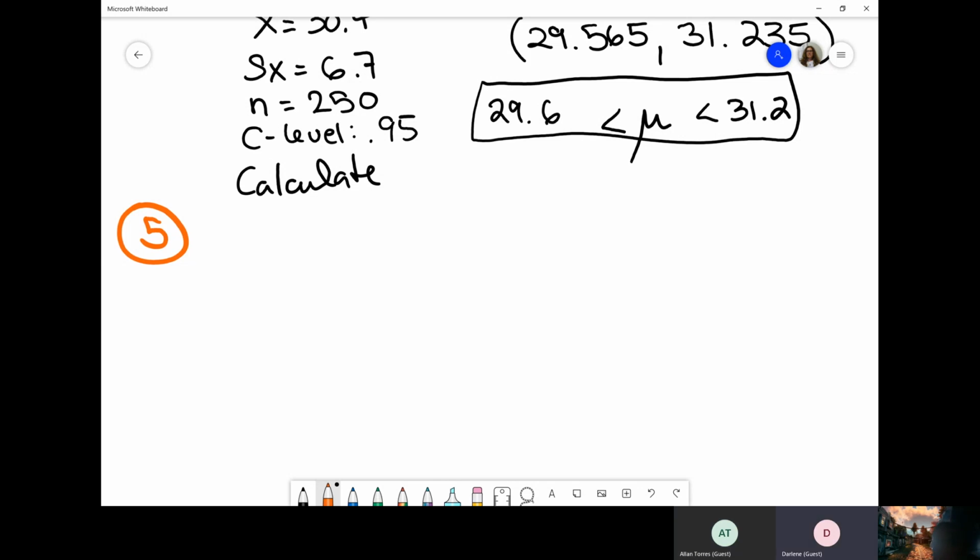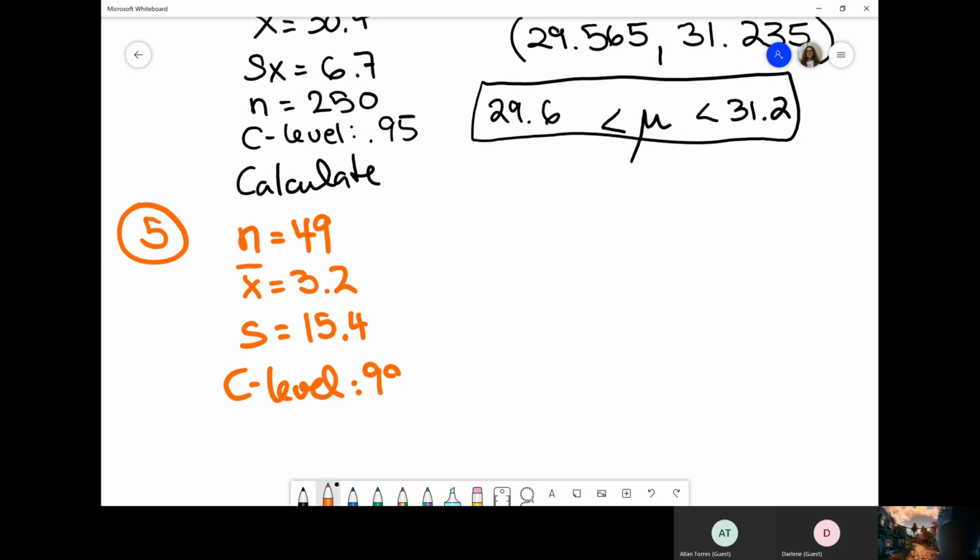Okay, so let's write out everything that's given. We have 49 subjects, so n equals 49. We have a sample mean of 3.2 and a standard deviation based on the sample that is 15.4. The C level is 99%, and we have to perform a confidence interval about this cholesterol after garlic treatment.